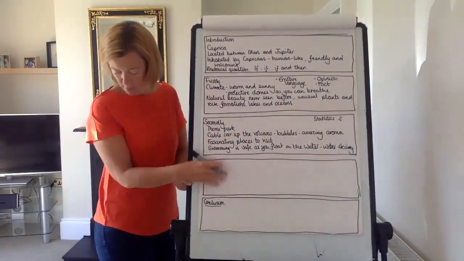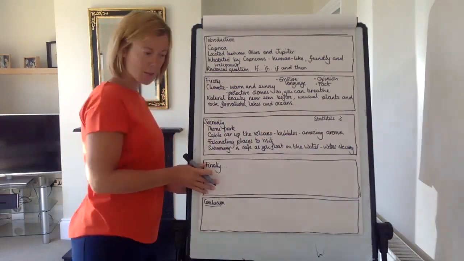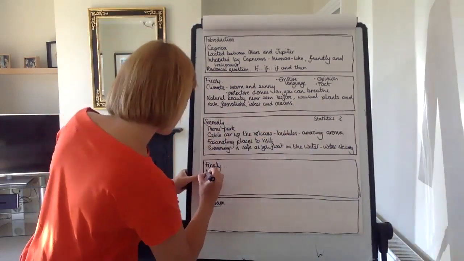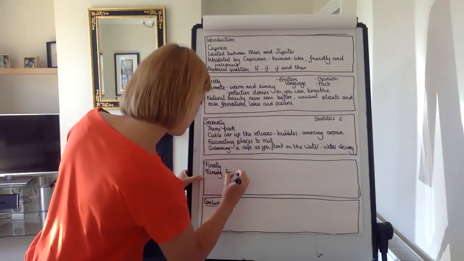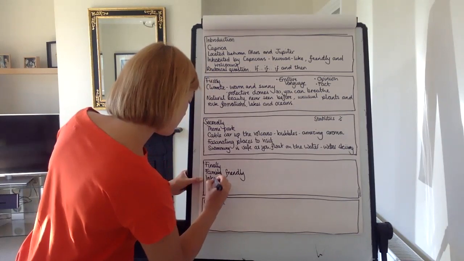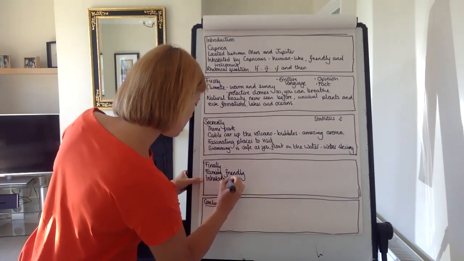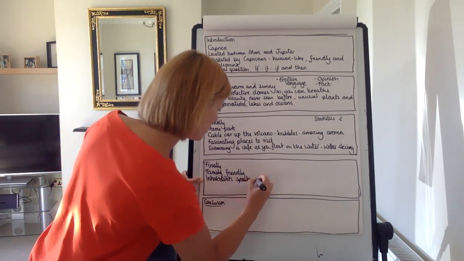I think I want to say something about the people who live there and how welcoming they are. So I think I'll say that it's family friendly. The inhabitants speak a range of Earth languages.